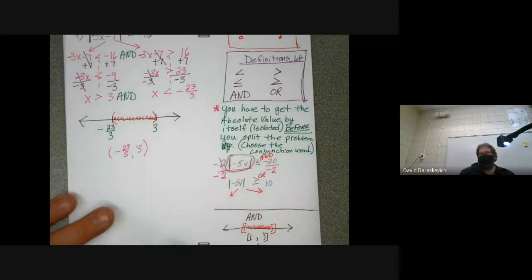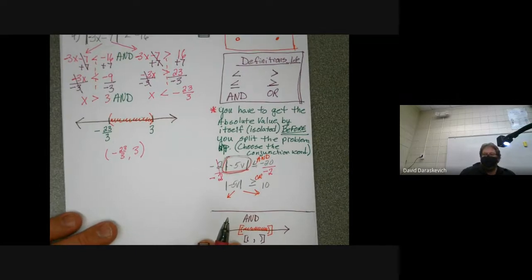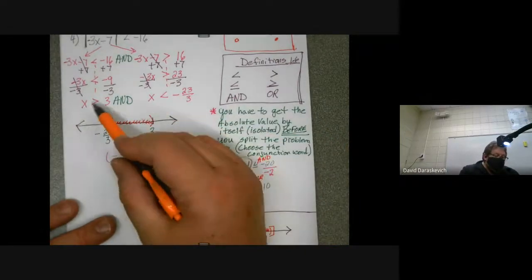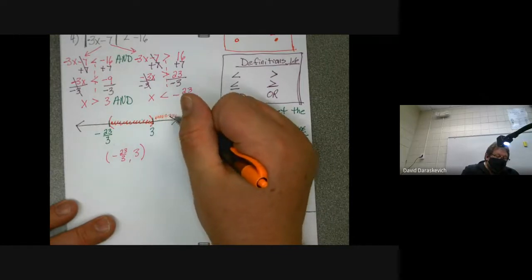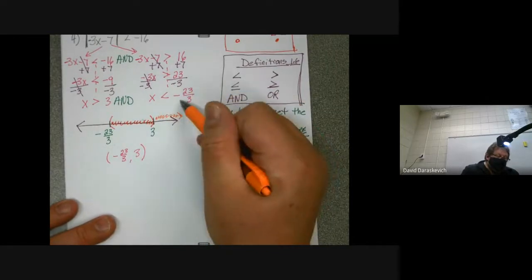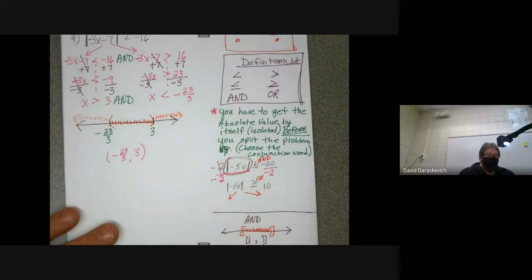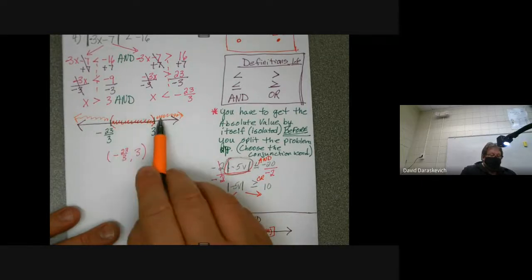There's my interval notation." But this is a trick problem. Because what this says is, well, my x has to be greater than 3 and less than -23/3. But it's an and problem. It can't go opposite ways.